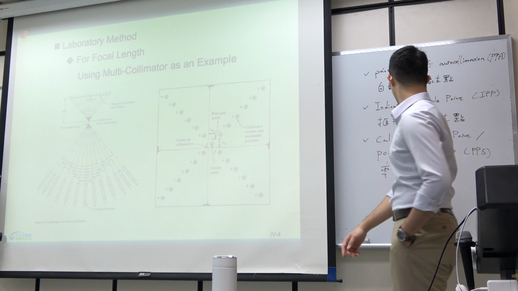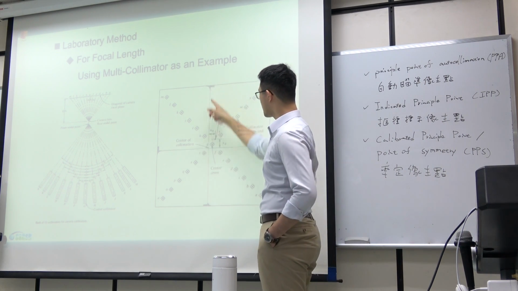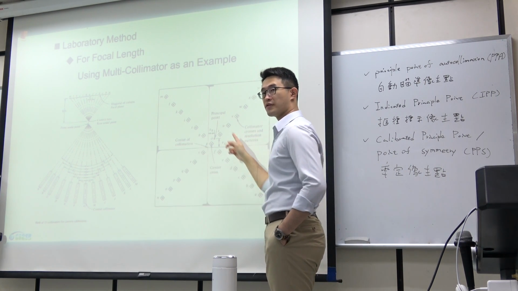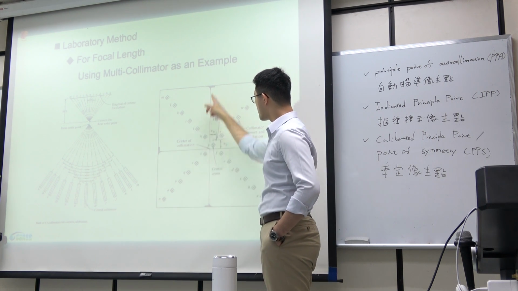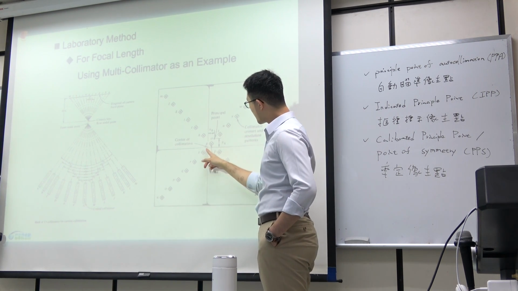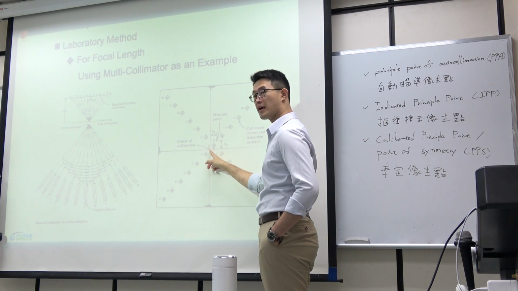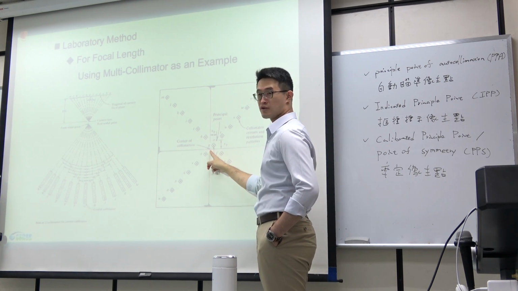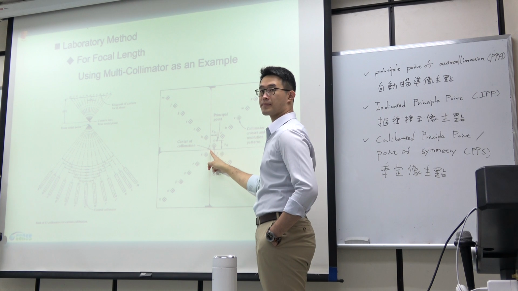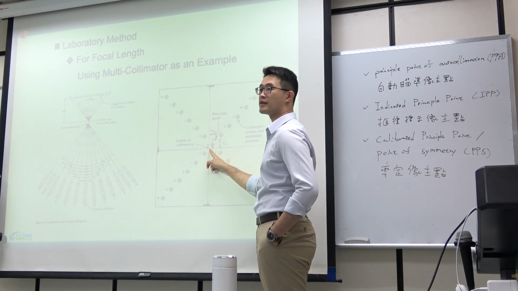So for the IPP, as you can see, we have fiducial marks and we also have these cross. We can connect them, and then we have one principal point over here, indicated by the fiducial marks. So IPP is defined by the fiducial mark.